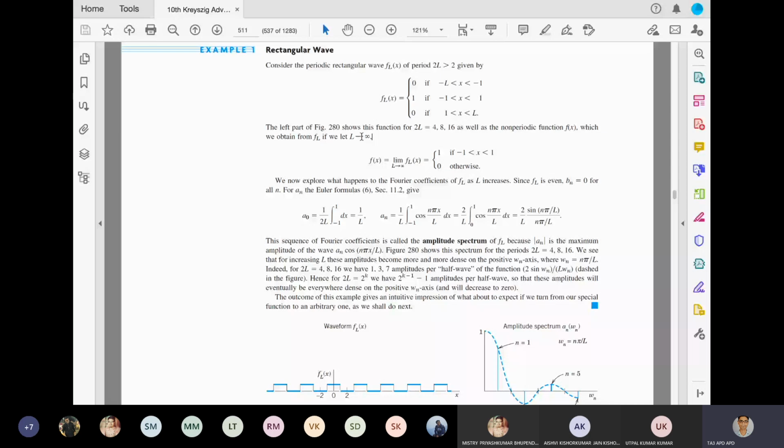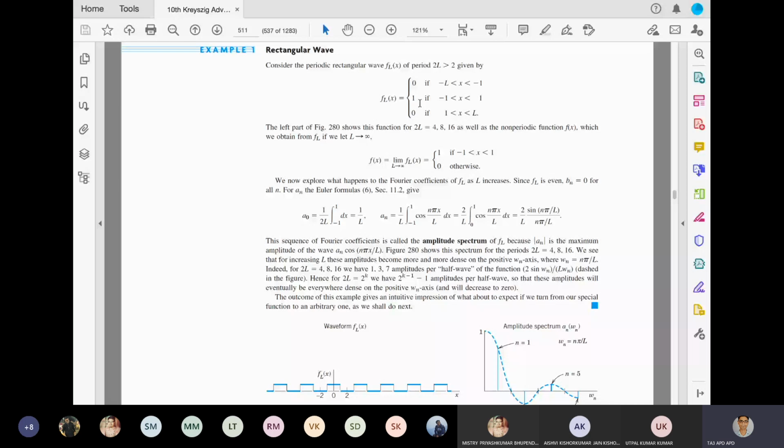So I define a new function f(x) equal to the limit as L tends to infinity of f sub L, which is equal to 1 between minus 1 to 1, and equal to 0 otherwise. From this example, take care, it is an even function.